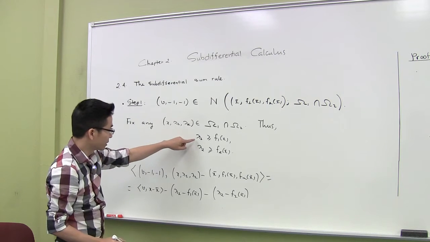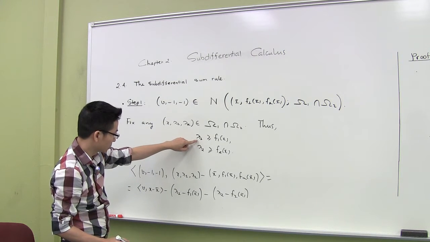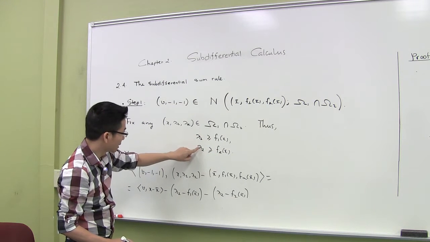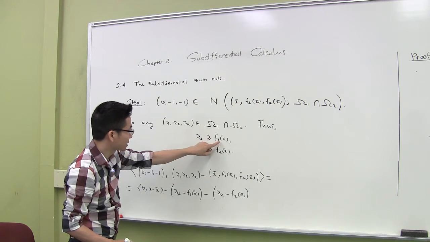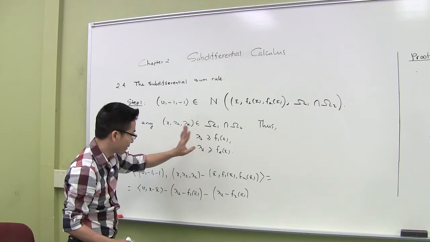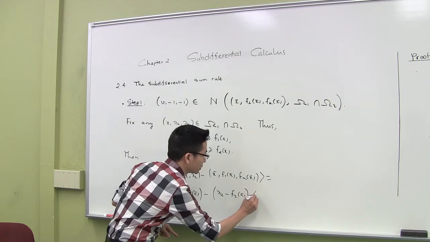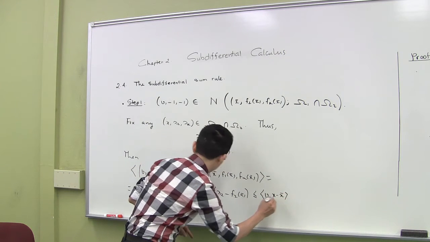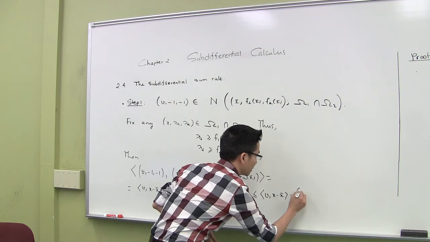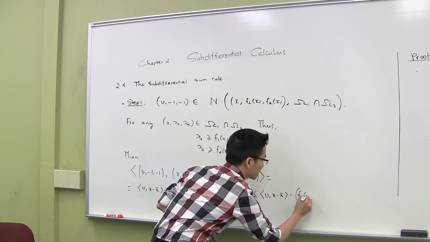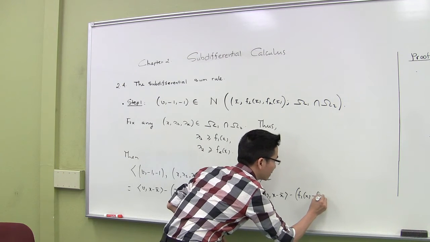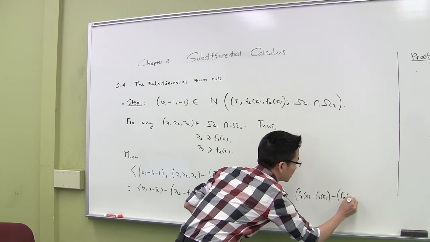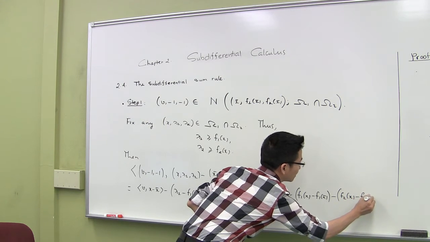And because of these conditions, lambda 1 is greater than or equal to f1 of x, and lambda 2 is greater than or equal to f2 of x, this is less than or equal to this inner product of v and x minus x bar minus f1 of x minus f1 of x bar minus f2 of x minus f2 of x bar.